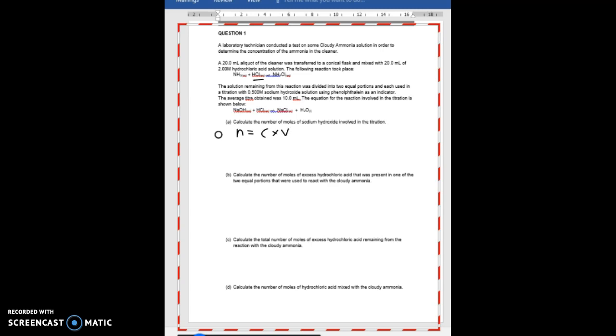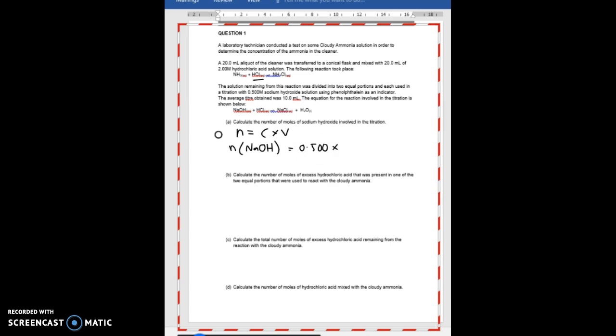Okay, so here we've got number of moles of NaOH equals 0.500. Make sure you get your significant figures in there.